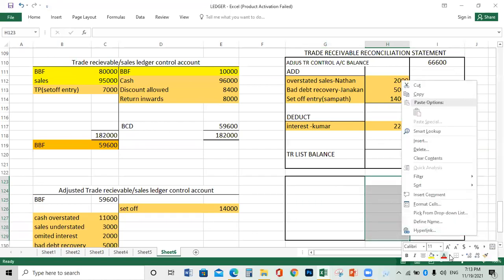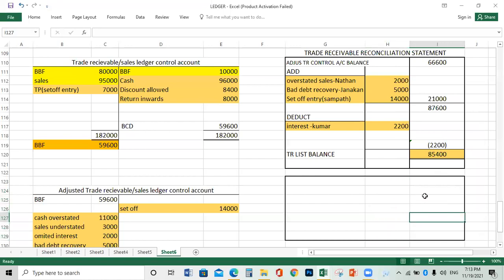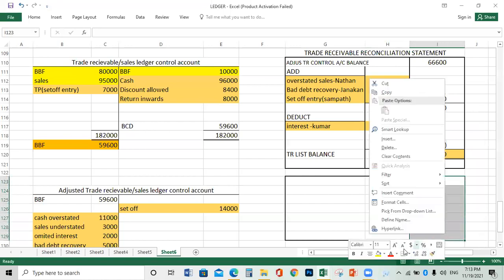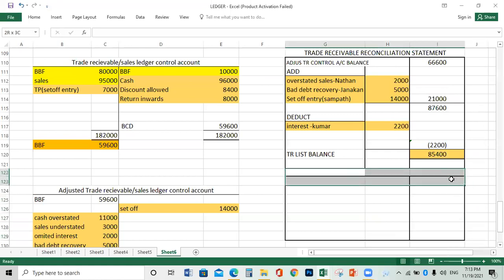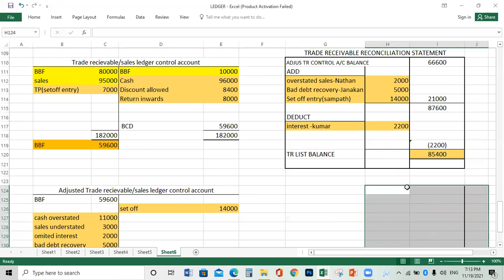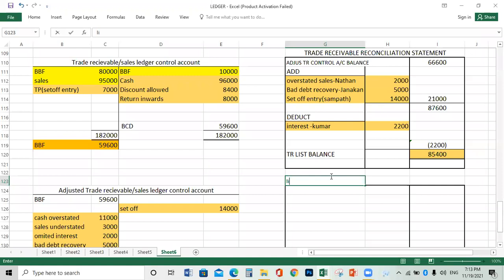This is not the correct one. If you want to find the correct list balance, you have to prepare something called a list balance correction statement.